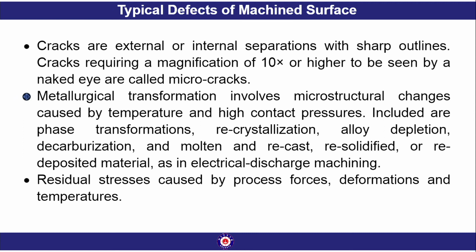Included are phase transformations, recrystallization, alloy depletion, decarburization, and molten and recast, resolidified or redeposited material as in electrical discharge machining. Residual stresses are caused by process forces, deformations and temperatures due to plastic deformation of the materials.